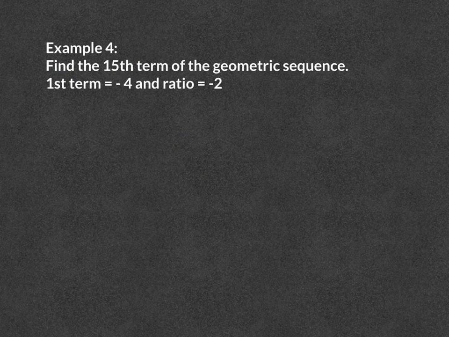Example number 4. Find the 15th term of the geometric sequence. The first term is negative 4 and the ratio is negative 2. So we are looking for the 15th term. So we need to use the formula a sub n equals a sub 1 times r raised to the power of n minus 1. I'm going to use my numbers and plug them into the formula. A sub n is the number we're looking for. We are looking for the 15th term.